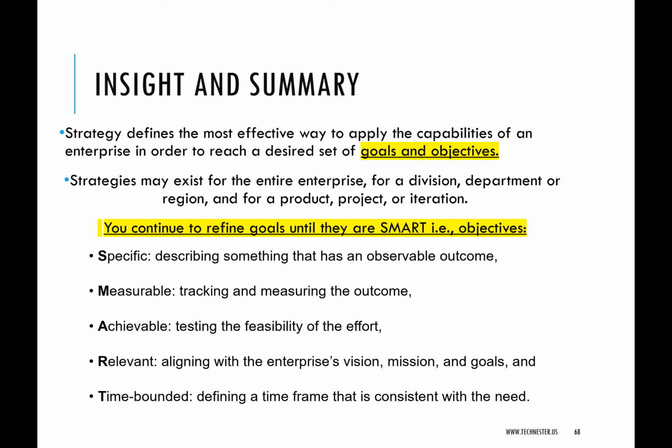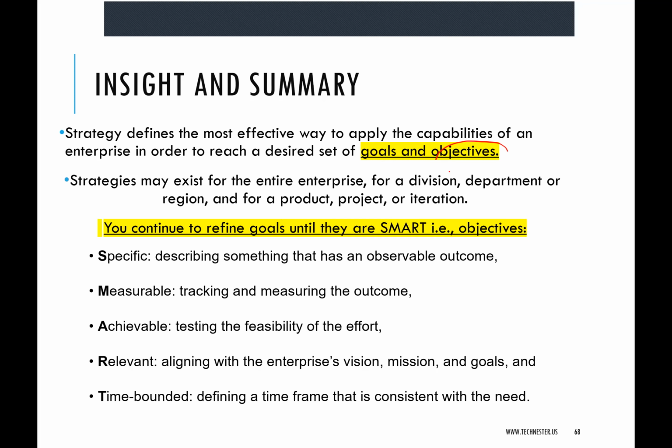Okay. So that goal, you make it clearer. A goal that is clear becomes what we call an objective. When the goal is clearer, it's specific, then it becomes an objective or several objectives if you can break it down. So you start to clarify the goal.